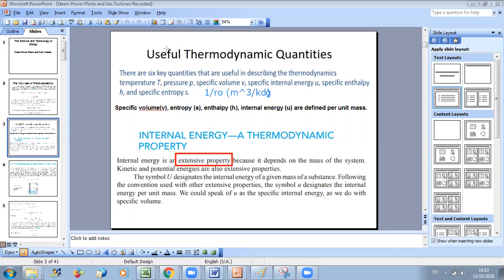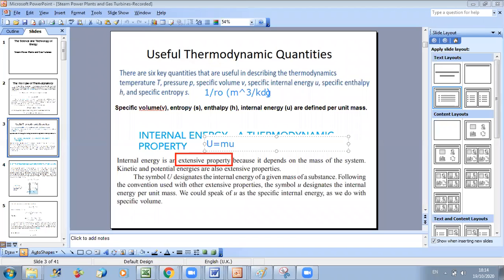Now, the extensive properties, we put their symbol like this, capital letter U. It's depending on m. But to have a general table, in tables, we will not put big U, we'll put small u, which is the specific property, the intensive property. So it's m, the mass, times u. In general, all our values will be reported per unit mass to be general, because a table can be used in any problem.